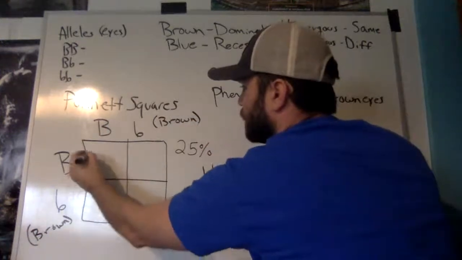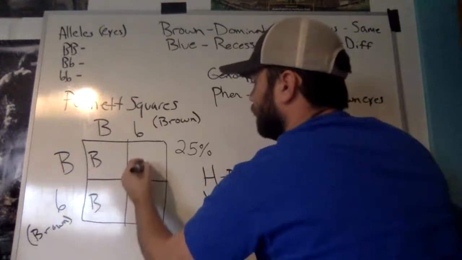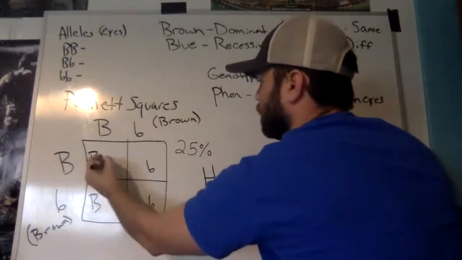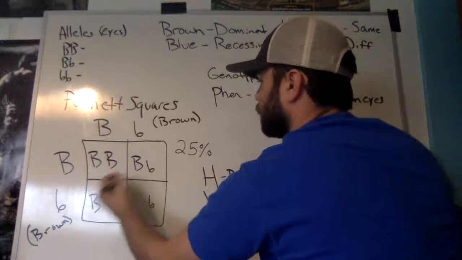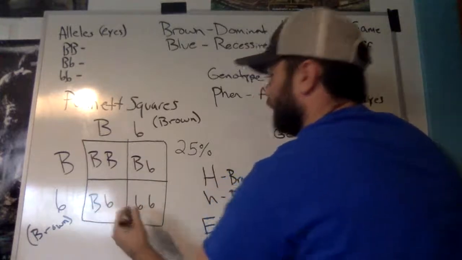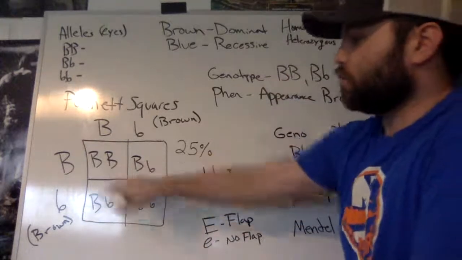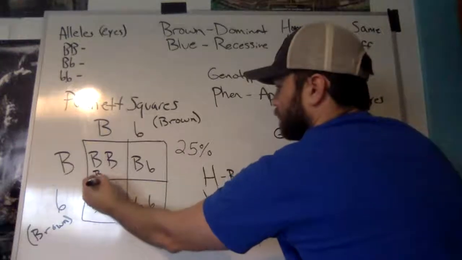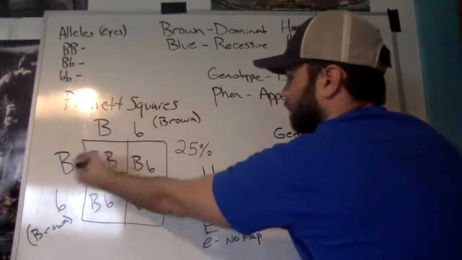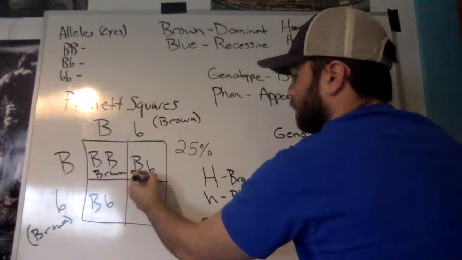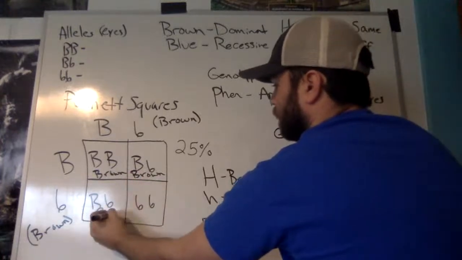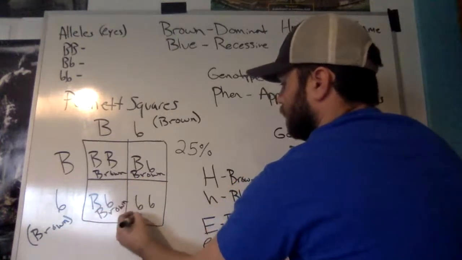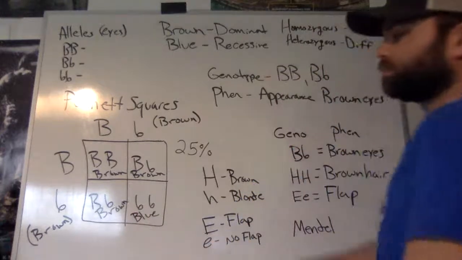So if we brought everything across, we bring our big B down, little b, big B across, little b, okay? So we got two big B's, that's going to be brown eyes. Brown, and then blue, okay?